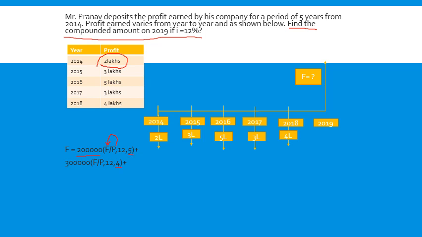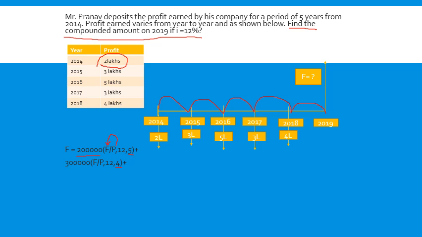Let us count that. See, first come to this first line. F by P comma 12 comma 5. 2014 is here. 1, 2, 3, 4, 5. What is the gap? 5. That's why n is equal to 5. Let us come to the second, that is 3 lakhs.